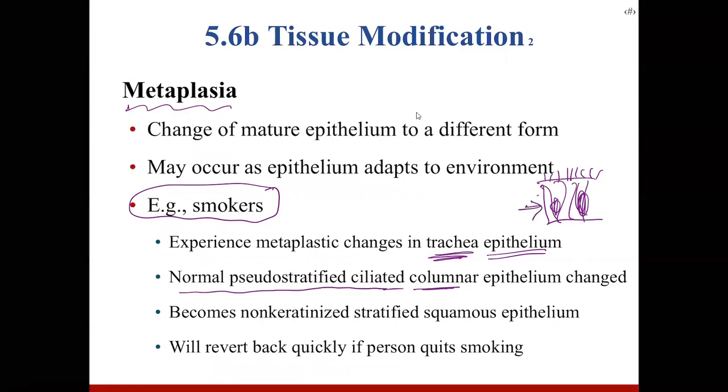When the cells change, we get non-keratinized stratified squamous epithelium. So they go from this to this, right? They lose the cilia, they lose the goblet cells. It just totally changes. But what's cool is that if you stop smoking, the cells will revert back.